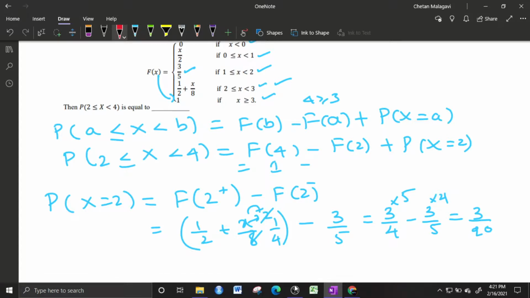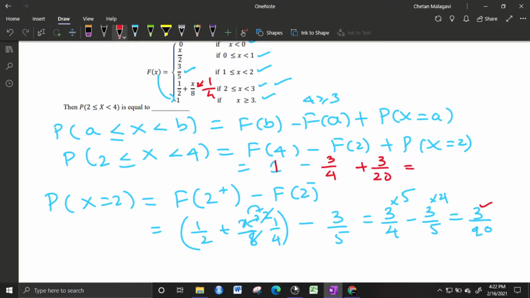F of 2 means x is 2, which is included and x is less than 3. So to calculate F of 2, just put 2 here: 2 by 8 plus 1 by 2, 2 by 8 means 1 by 4, so 1 by 4 plus 1 by 2 is 3 by 4. And here it is 1 minus 3 by 4 plus the probability that x takes the value 2, that is 3 by 20.